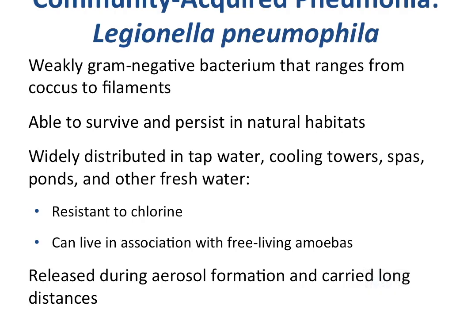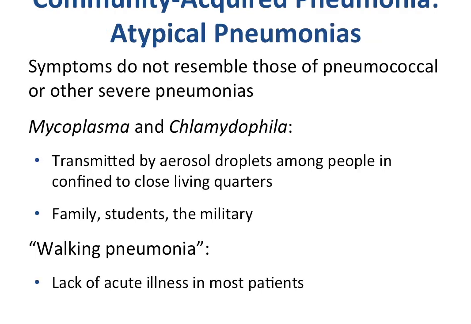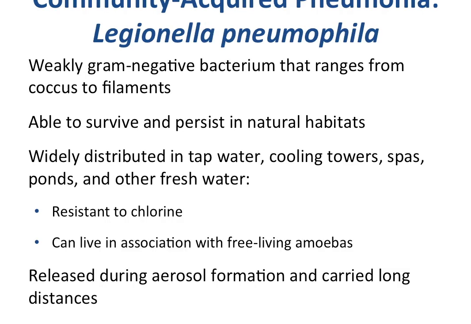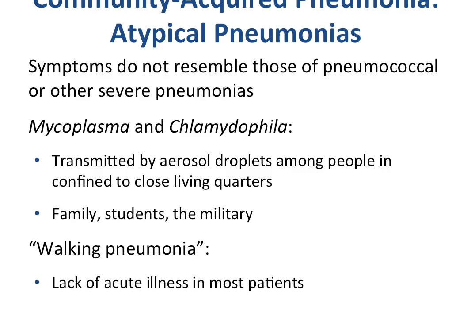This bacteria can survive even in chlorinated water. So that's why if a patient has this type of infection in a specific environment such as a spa, or ponds, or cooling towers, they should be suspected to have this type of bacteria.